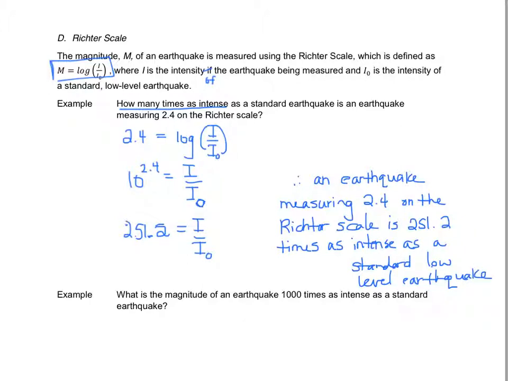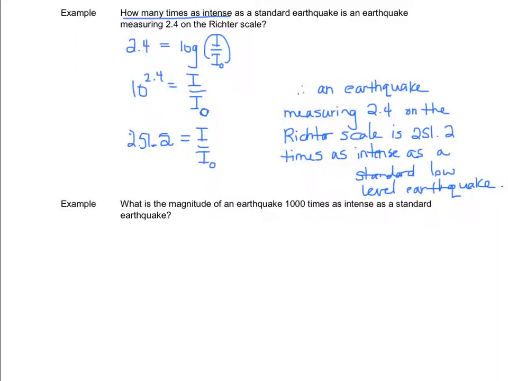So for every increase in value on the Richter scale, there's a very, very large difference in the intensity of the earthquake.